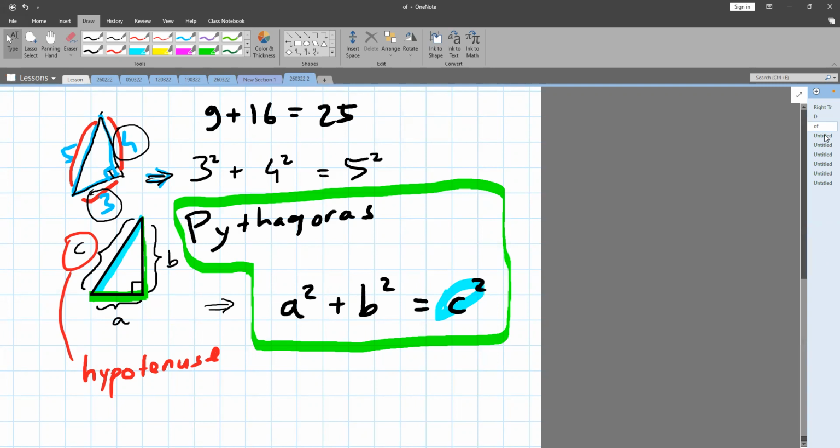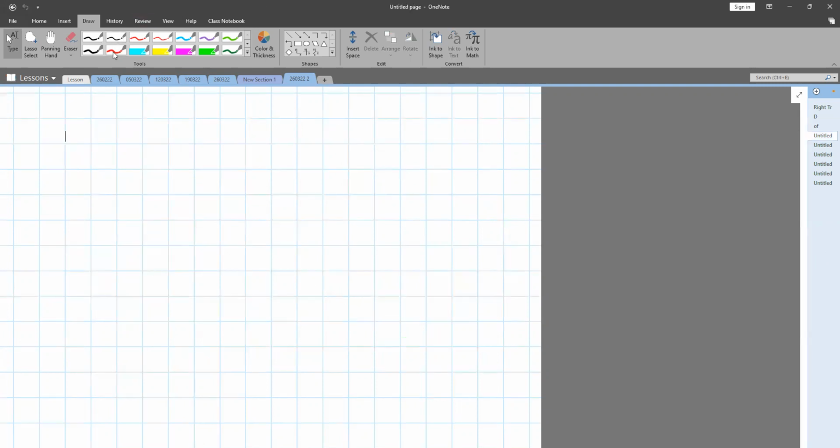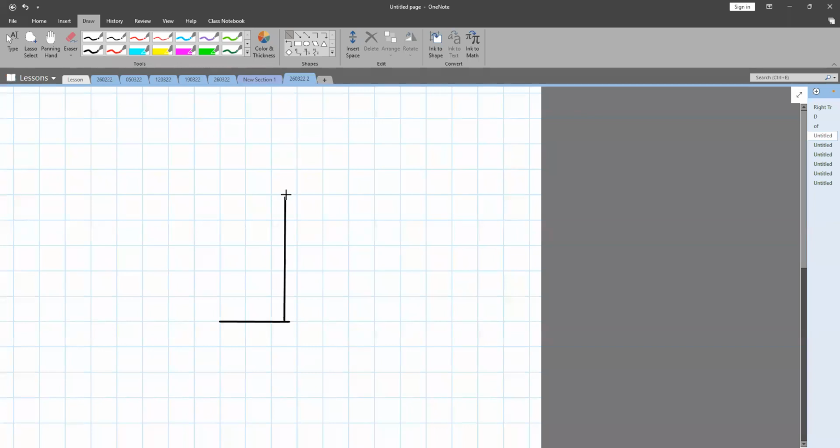Now let me give you another example. Let's say I have a right triangle like this. Actually it is quite difficult, let me just draw it like this.